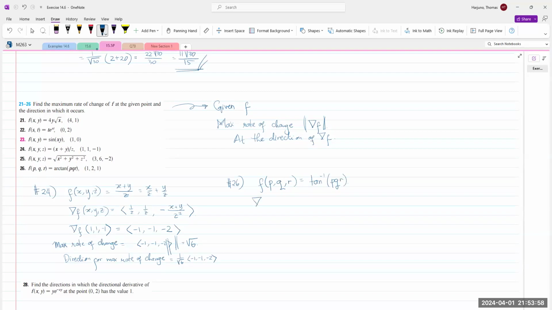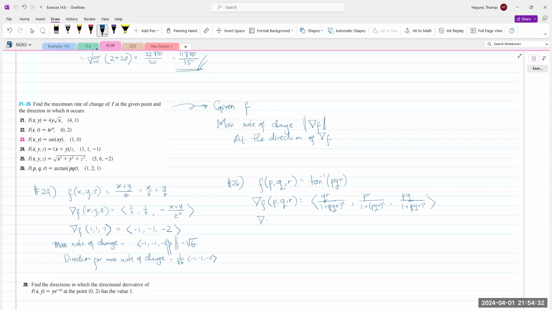So the gradient of the function of (p, q, r) is (qr over 1 plus (pqr) squared, pr over 1 plus (pqr) squared, and then pq over 1 plus (pqr) squared).